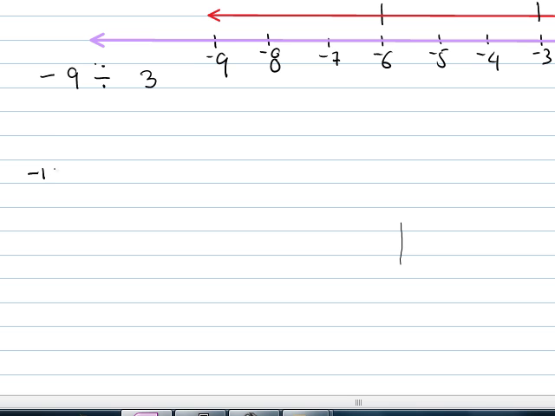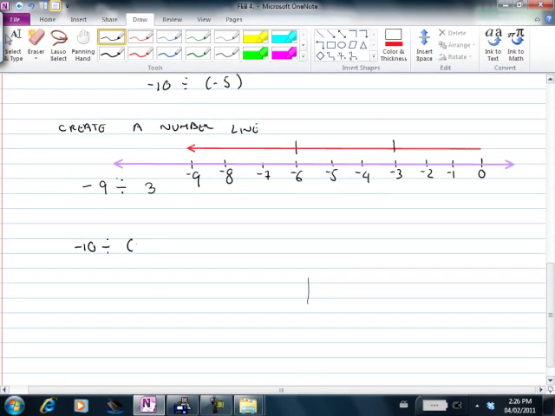Negative 10 divided by negative 5. Your job is to create a number line.